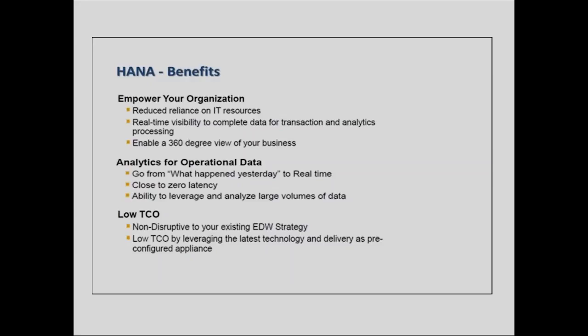So the simple thing we do is, if your BW as an application layer is running on top of a traditional database, maybe Oracle, DB2, MySQL, anything, we migrate from such a traditional database to HANA.